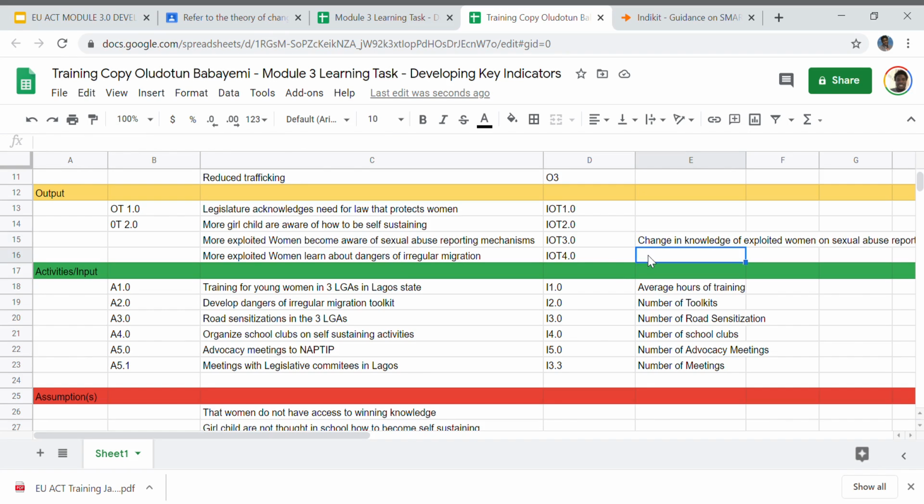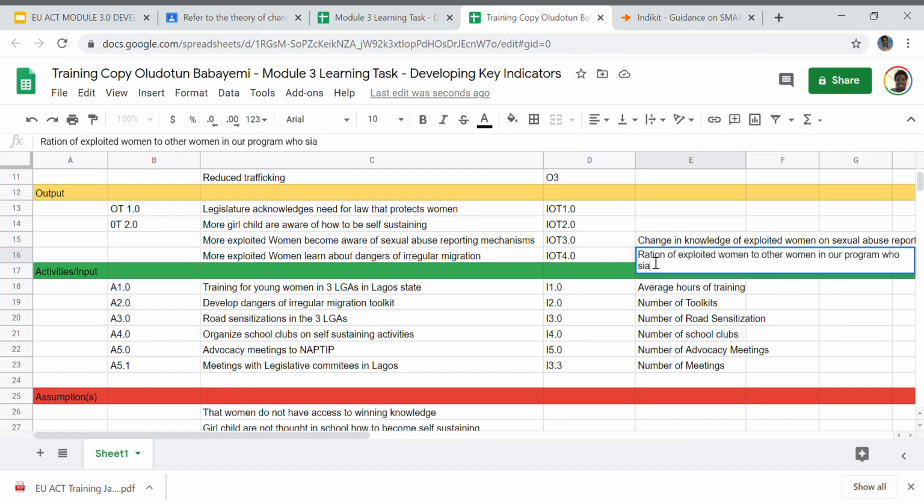I could say ratio of exploited women to other women in our program who said they now understand dangers of irregular migration, right?